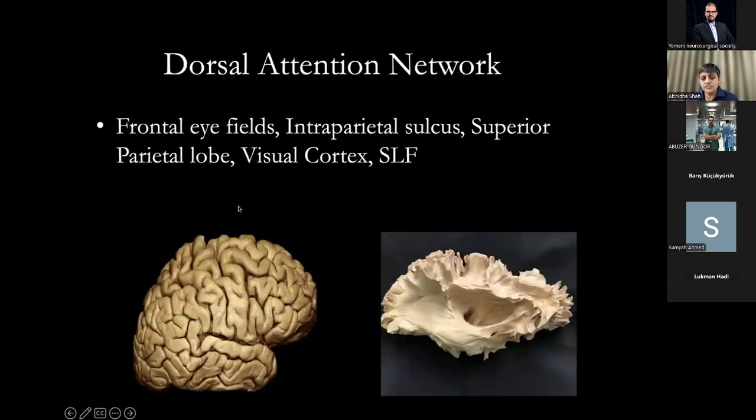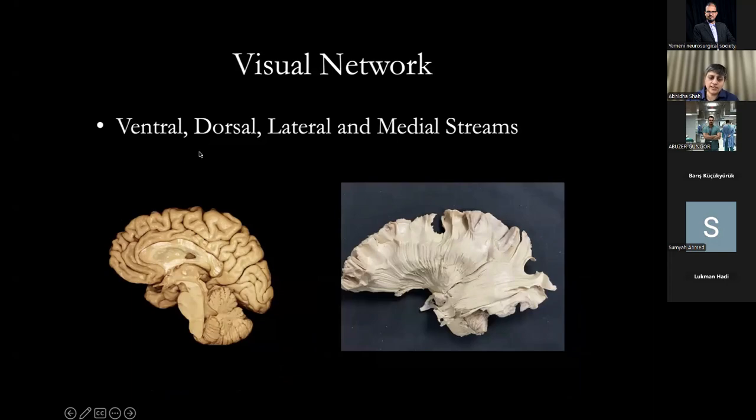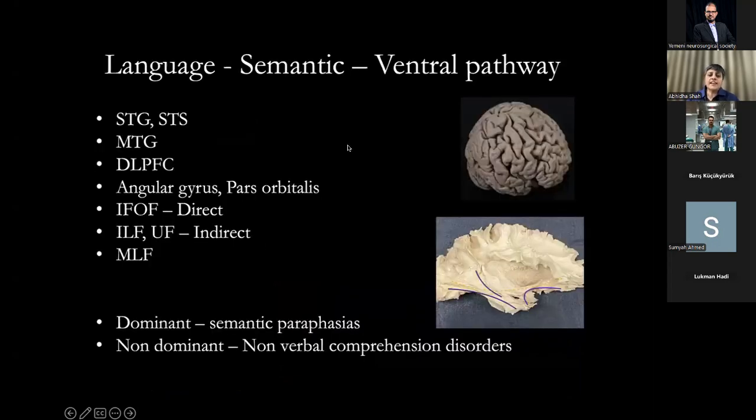The attention network consists of the frontal eye fields, which lie in this region, and the structure that is involved is the superior longitudinal fasciculus, which connects it posteriorly to the visual cortex. Then the visual network has ventral, dorsal, lateral, and medial streams connected here by these optic radiations. The language network has 2 main pathways. So the ventral pathway, whose main fiber bundle is the IFOF, which you can see in this image here.